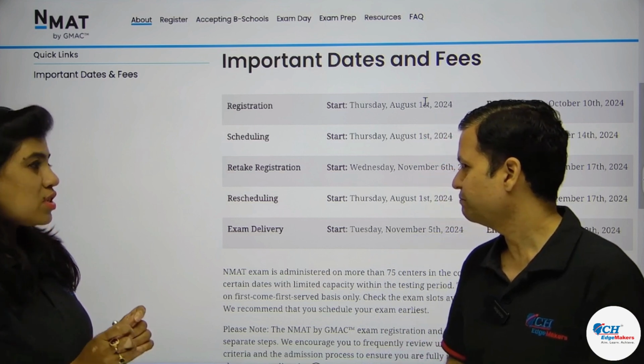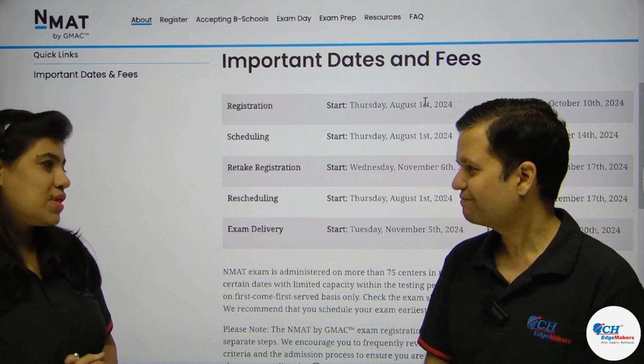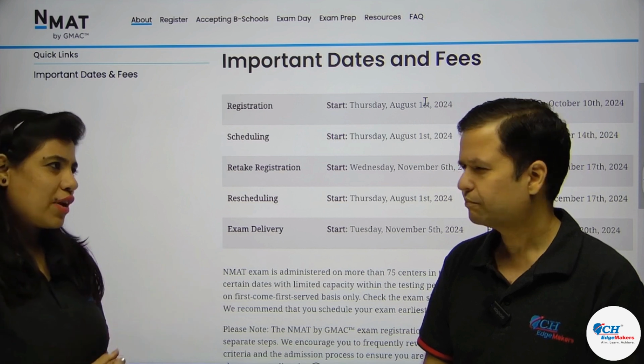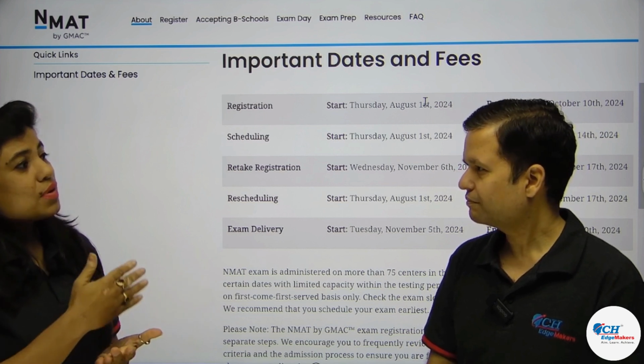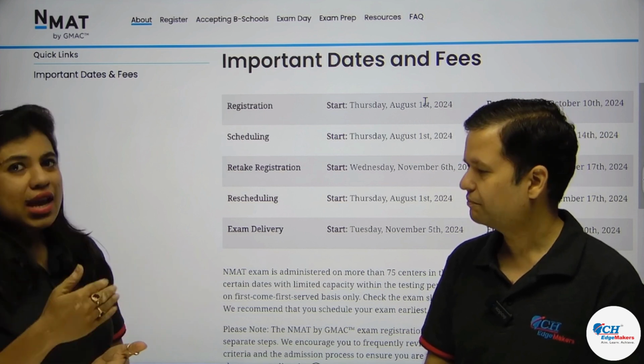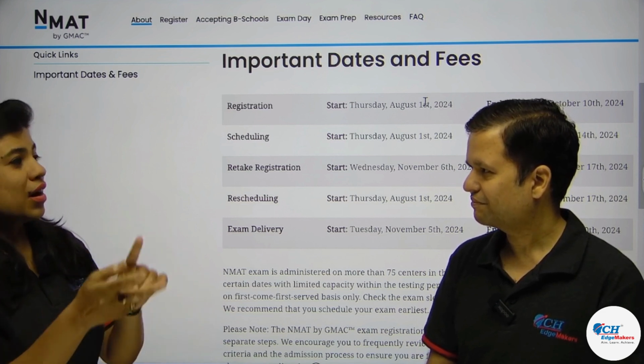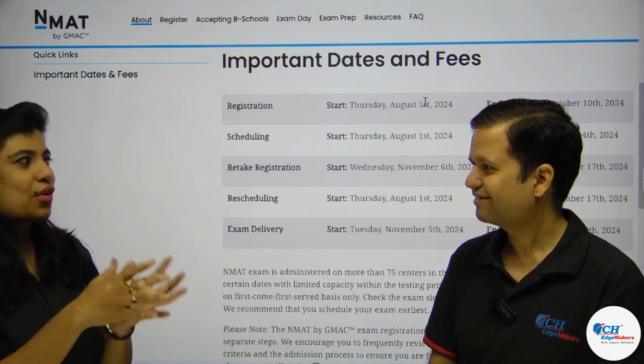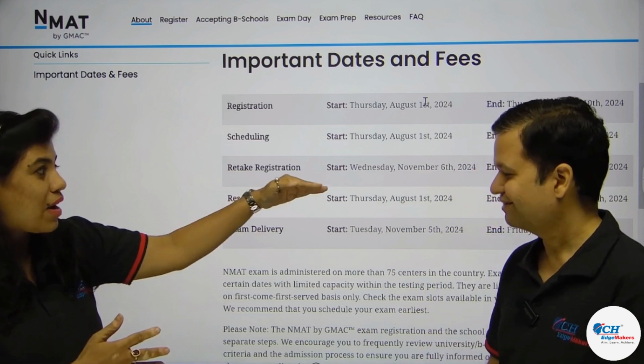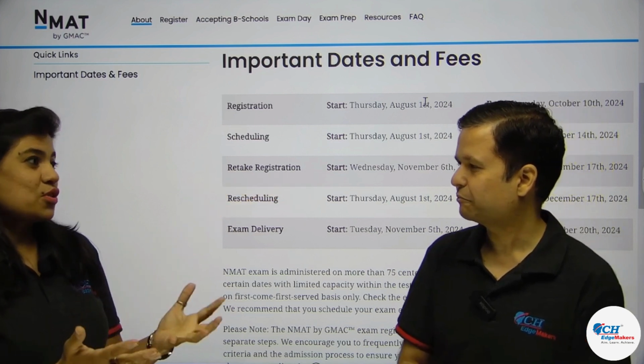Sir, this is the most important question which many of the students have been asking. They'll be appearing for NMAT, but there are students who are also appearing for CAT. The query they have is whether they should appear for NMAT before CAT or after CAT, because the NMAT window is like this, right? So what should be the idea?